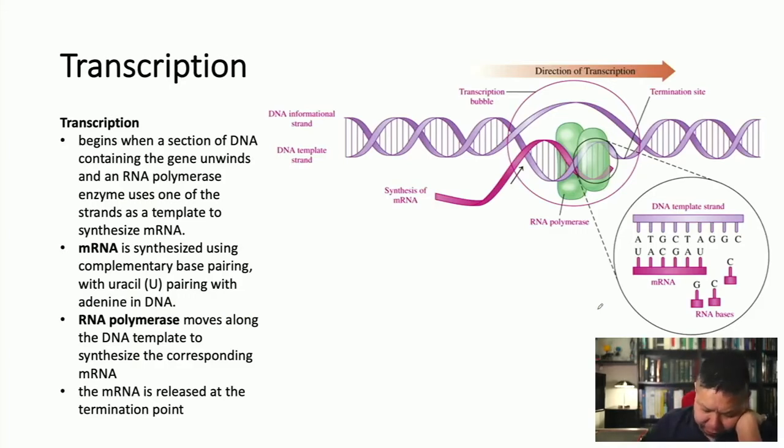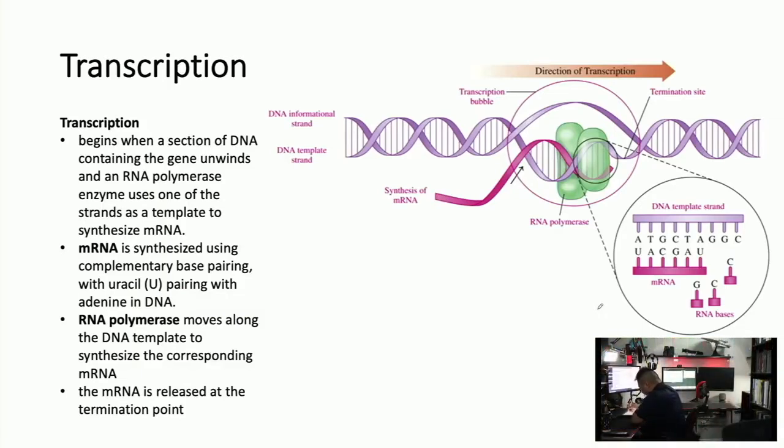All right, so let's dive deeper here just to make things a little bit more simple. In the transcription process, a section of DNA containing a gene unwinds, and then an RNA polymerase enzyme uses one of the strands of the DNA to synthesize mRNA, right? So here in this picture, we have the double helix, and it unzips right here where this gene is, okay?